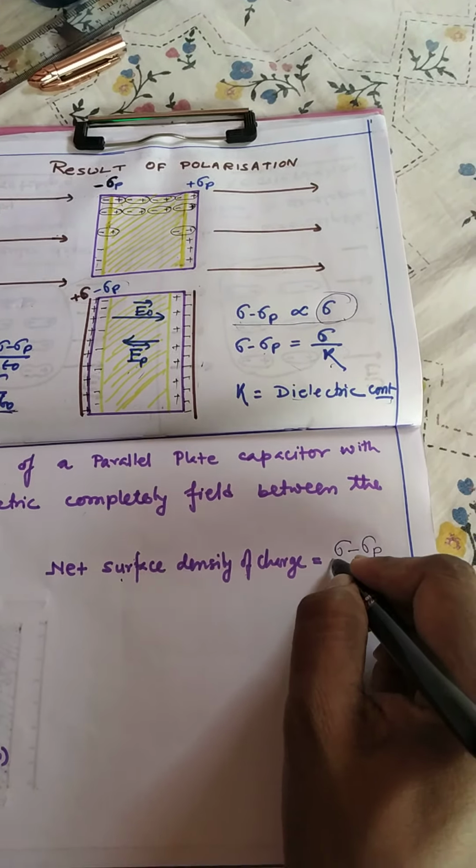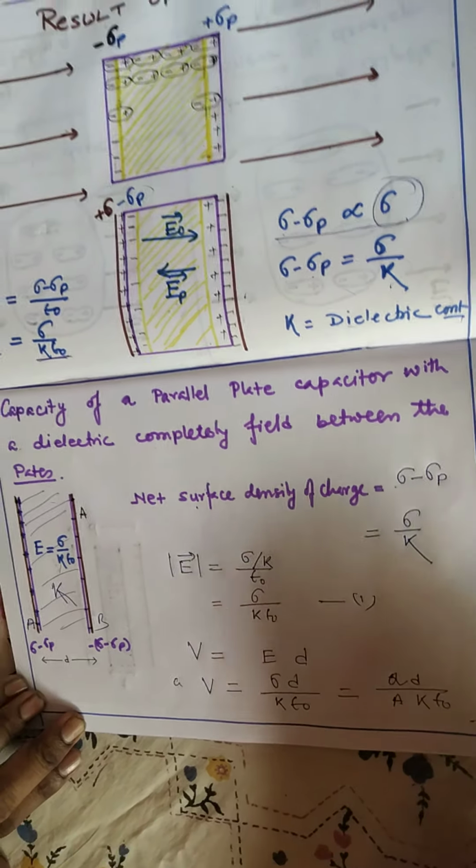Let us call this equation number 1. Now if you want to find the potential difference between the plates A and B, then V will be equal to E into d, correct? The previous relation we have already used. So V will be equal to sigma d by k epsilon naught, and this comes to q d by A k epsilon naught.